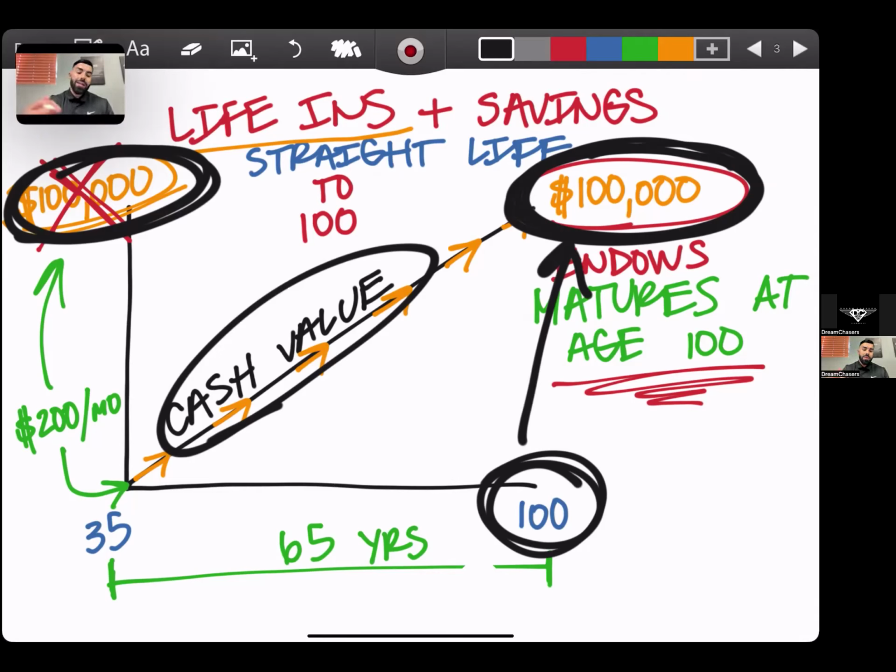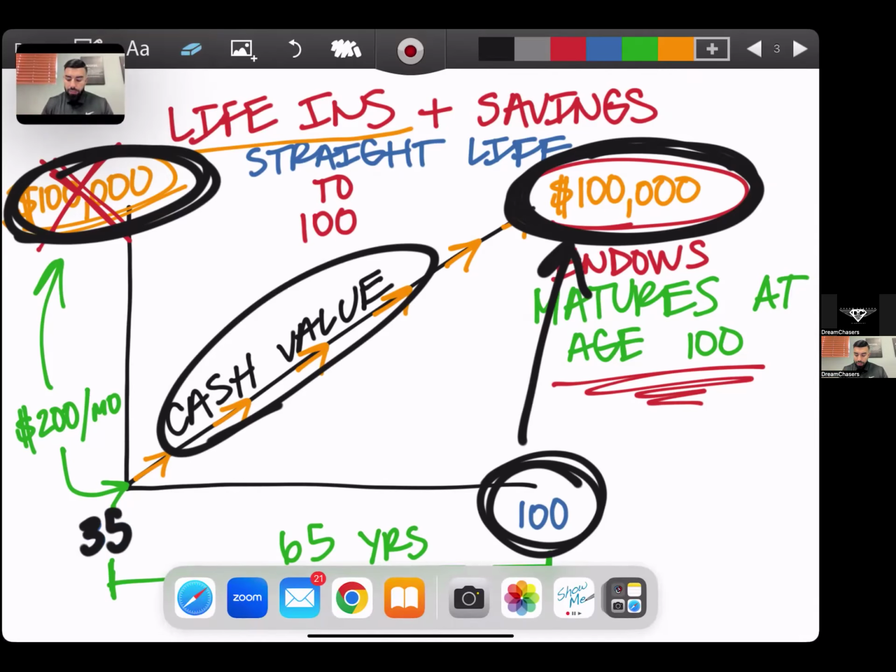So back in the day, people would overfund them, meaning if someone purchased it at 35 years old and let's say they owned Amazon or Google, and they put $100,000 in the first year, then that raised a red flag. Why? Because they overfunded the policy. They weren't supposed to have $100,000 in the policy until they turned 100 years old. So how is it that they have $100,000 in the first year?